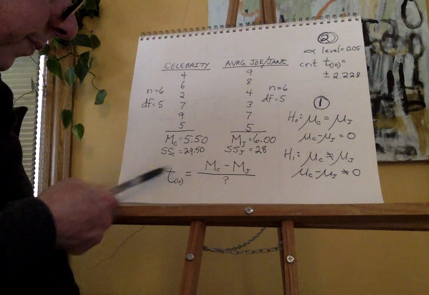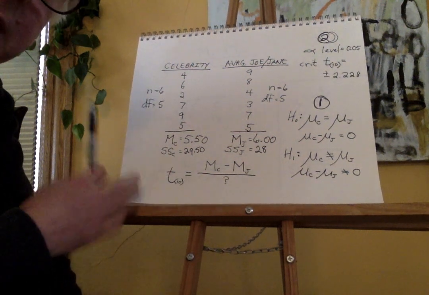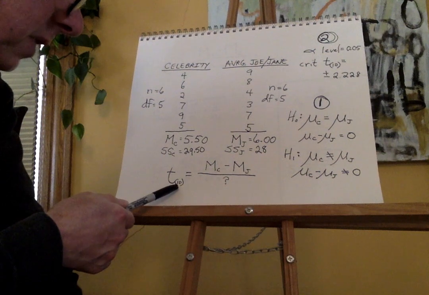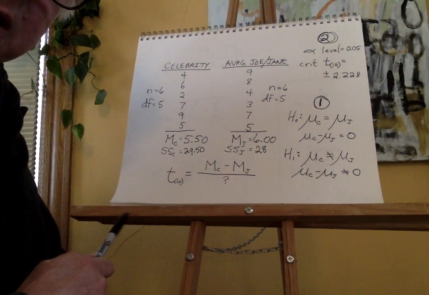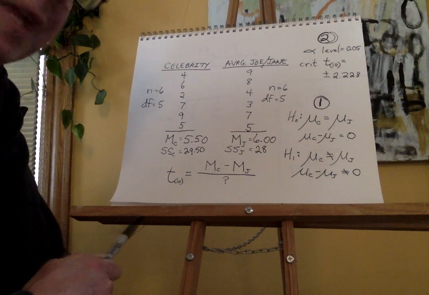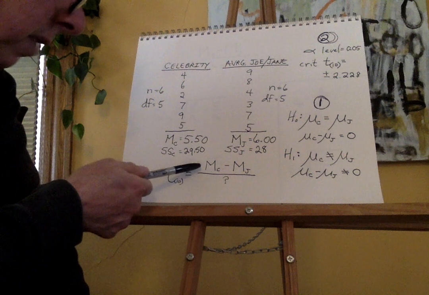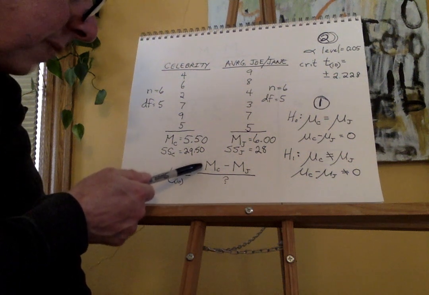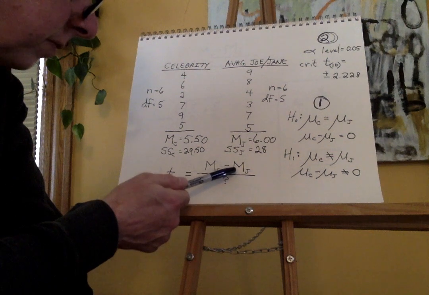So here's where we left off. This is our t-value, okay? We're going to calculate the t, 10 degrees of freedom. The numerator for this statistic should make sense to you, okay? Let's think about it. We're going to compare the average for the celebrity, and we're going to compare that to the average Jane or Joe.